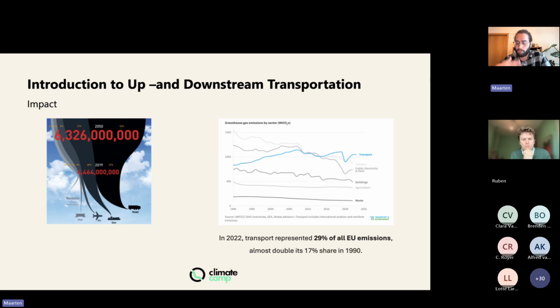Now, as I mentioned before, employee commute and business travel are also transportation and focus primarily on passenger transport, which is more important for service companies. But today we're focusing on up and downstream transportation because for manufacturing companies, this is a very large part of their emissions. Obviously, the first place will always be purchased goods and services for manufacturing companies, but transportation plays a large role as well.